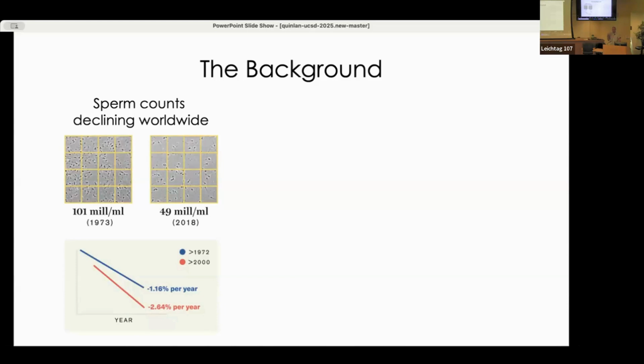And, there's a lot of explanations about why this might be. But, an example from this paper that I'm highlighting is sperm concentration from a typically fertile male in 1973. This is meant to represent the average versus 2018.